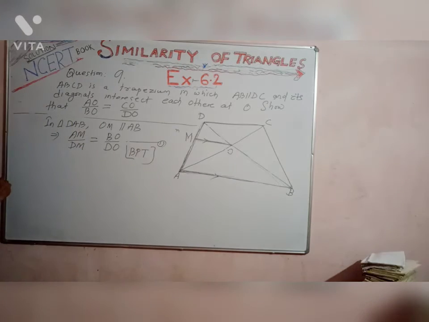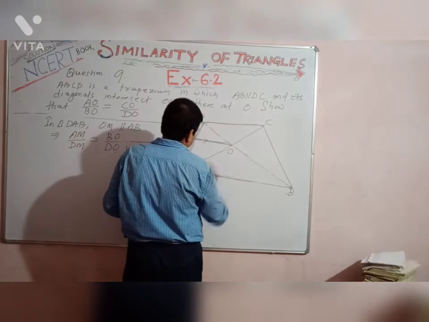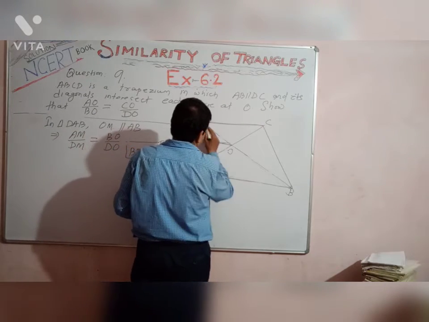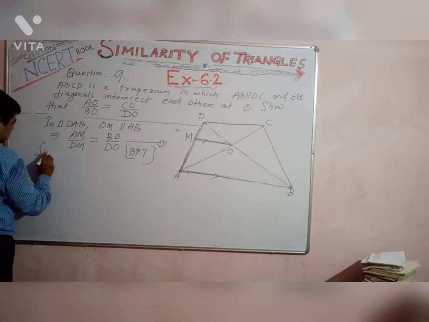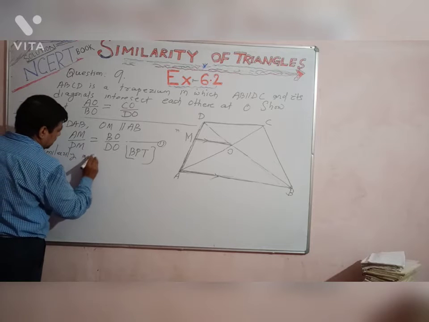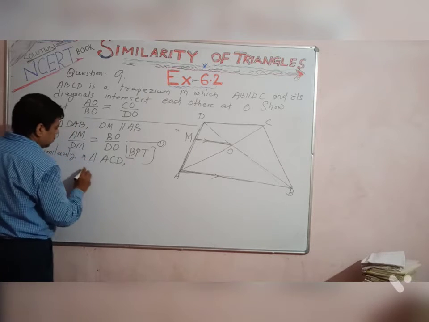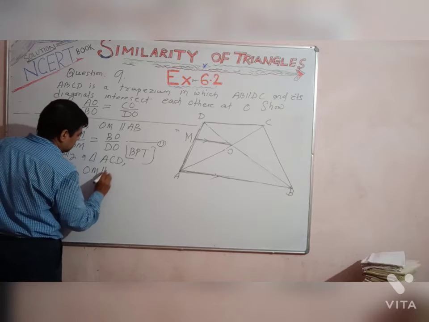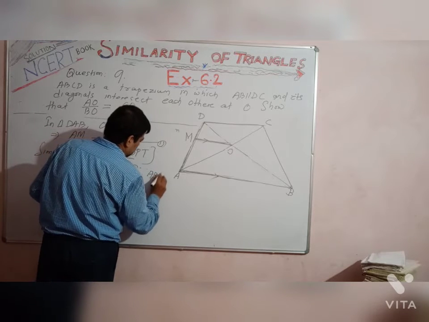Similarly, since OM is parallel to AB, OM is also parallel to CD. Similarly, in triangle ACD, look here, OM is also parallel to CD. Why? Since AB is parallel to CD.